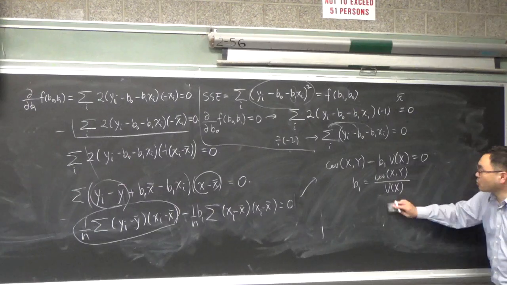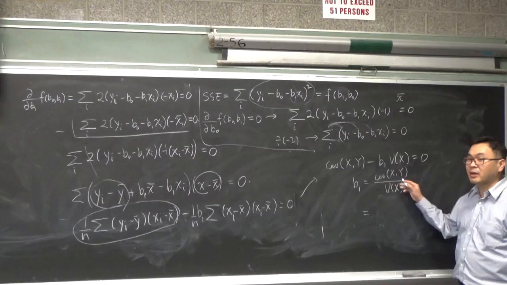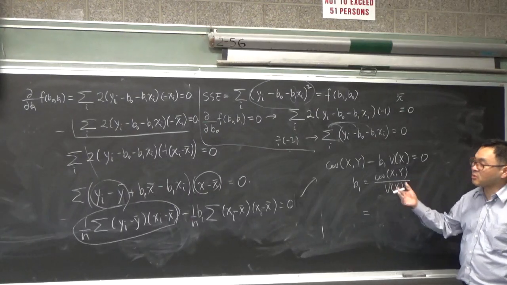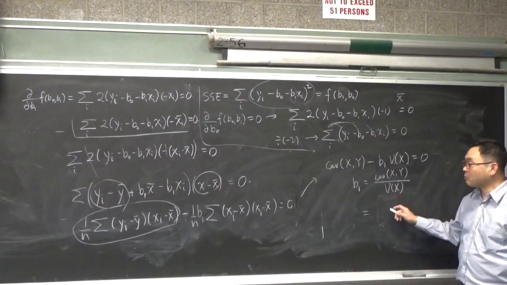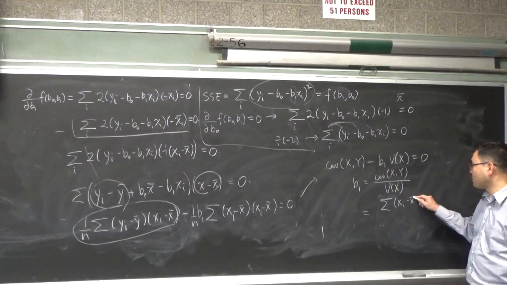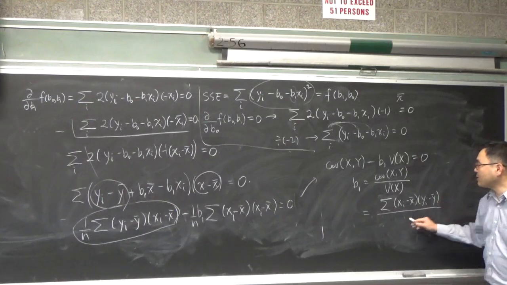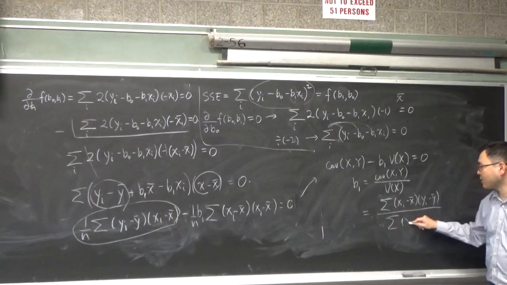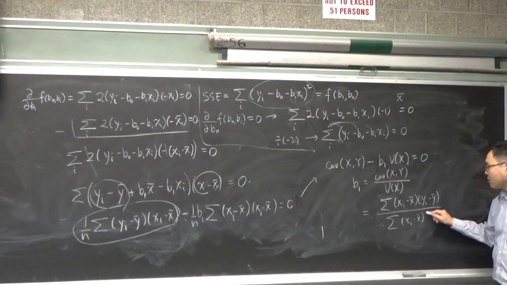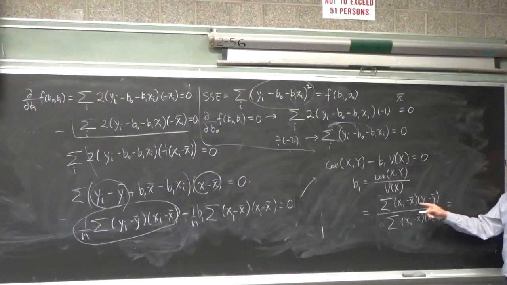Okay? So that's one. Another one is, instead of dividing by n, if you don't divide by n, then the top one would look like summation of xi minus x bar times yi minus y bar, divided by just summation of xi minus x bar times xi minus x bar. And these have names.